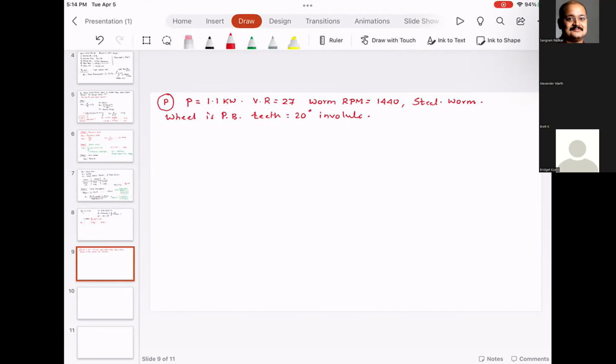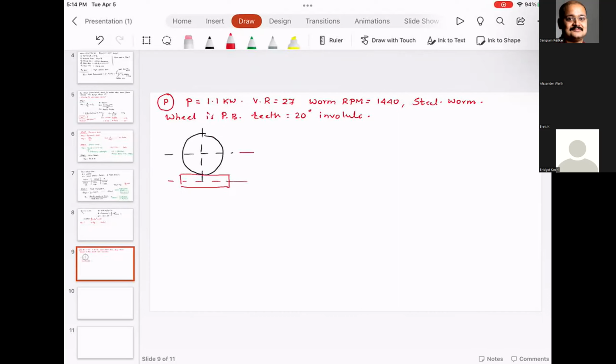Now, in some problems, they will give you the distance between the worm and wormwheel. Please understand, in some design problems, they will give you the distance between the center line of the worm and the center line of the wheel.